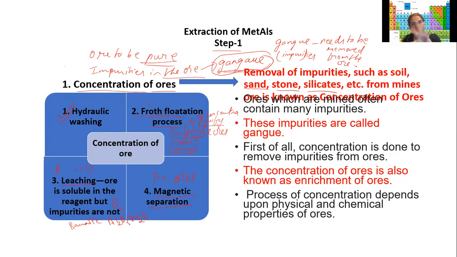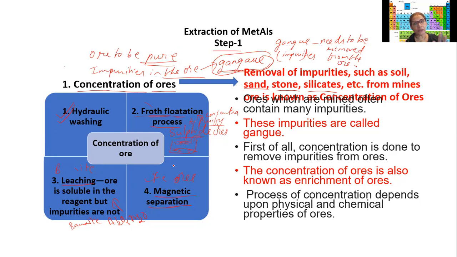Impurities will not stick to the magnet, but the iron ores are magnetic in nature, so they stick to these wheels on the belt, and they can be collected later, once it stops moving and they fall down. That way magnetic separation is used for iron ores.